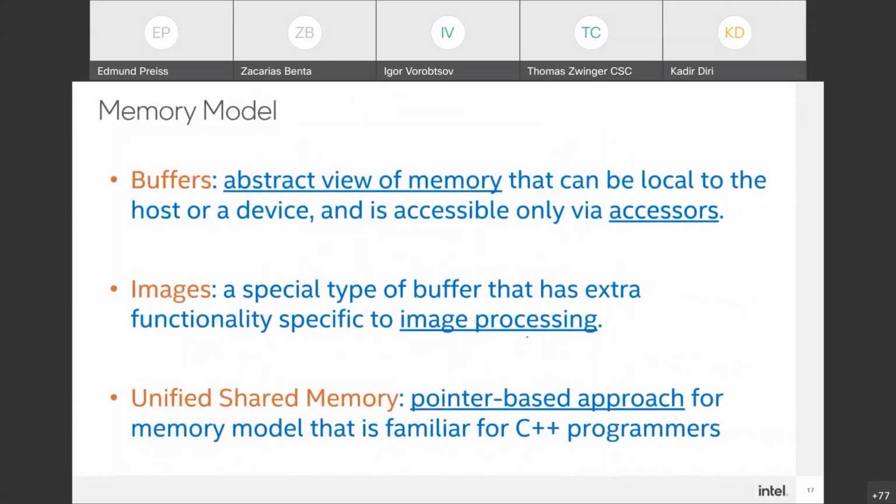So now let's talk about quite basic concepts, and the memory model is quite important. There are three different ways you can work with memory in SYCL. Again, it's not about your host code. In your host code, you can do whatever you want. It's more about the bridge between your host code and device code, because the data is one of the fundamental basics.